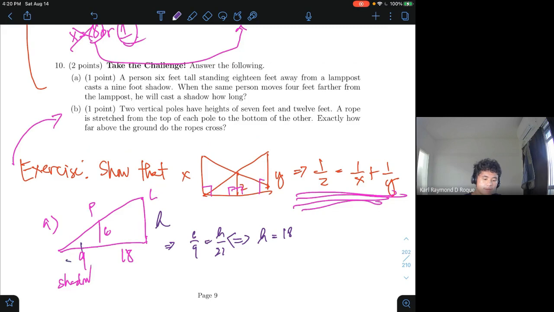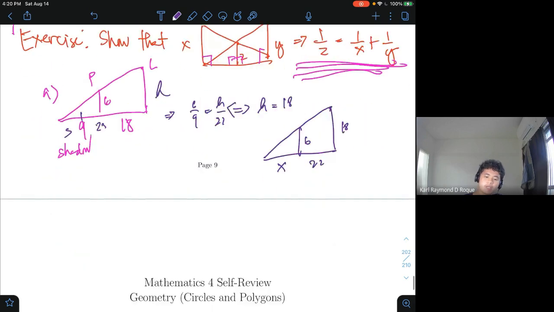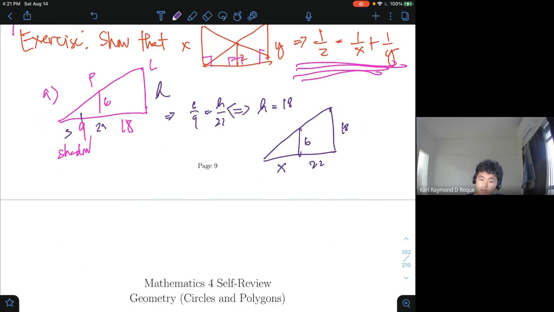Hindi magiging 5 tsaka 23, no? Hindi ganon. Mag-drawing ulit tayo. 22 to, ano to? Solve for x. You will get 11 feet.